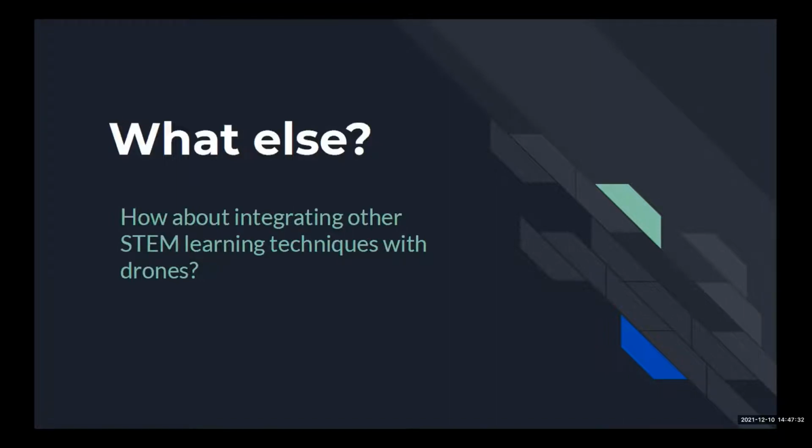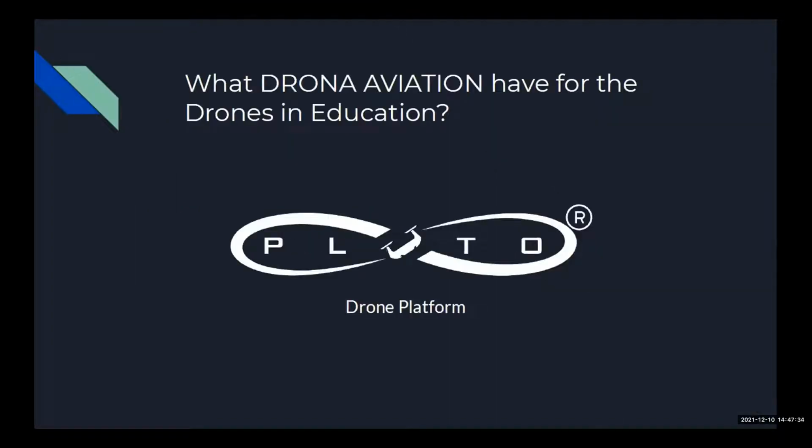And the things will be learned by the students as well. What we at Drona Aviation have for drones in education is the Pluto drone platform. The Pluto drone platform doesn't contain just a drone. Next slide.